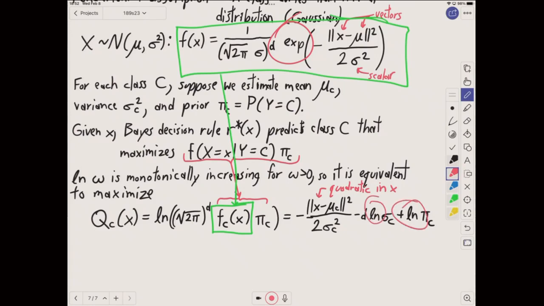You might ask me, aren't logarithms just as expensive to compute as exponentials? Well, yeah, but those are constants. You only have to compute the logarithm of each constant once, and you're done. Whereas this exponential, you would have to compute it for every test point, every training point. So we want to avoid that.